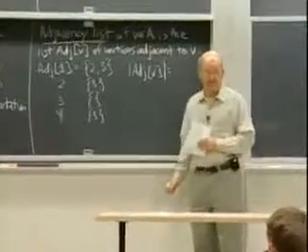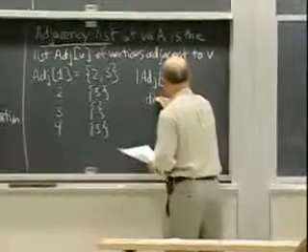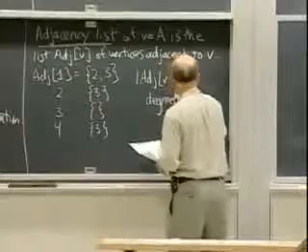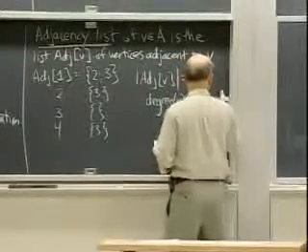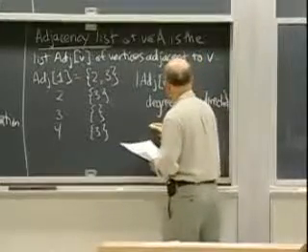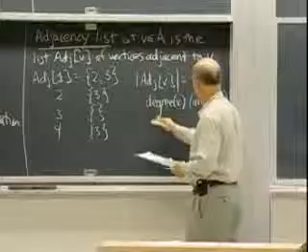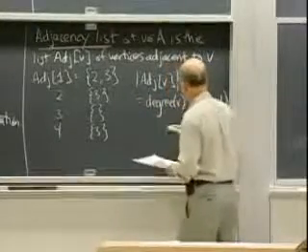It's the degree. In an undirected graph, we call it the degree of the vertex. This is undirected. So that's in an undirected case.